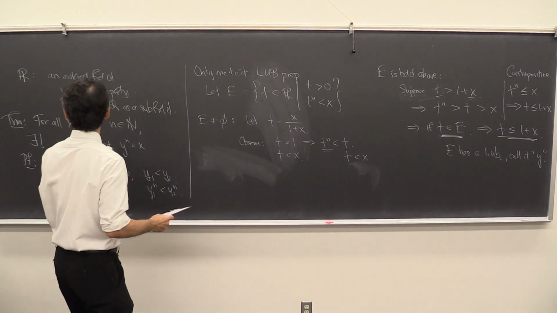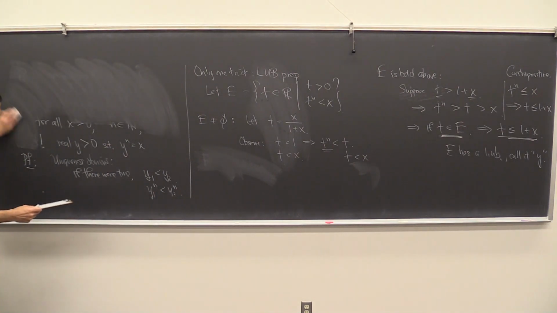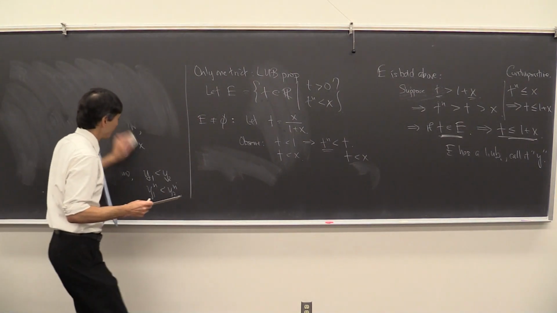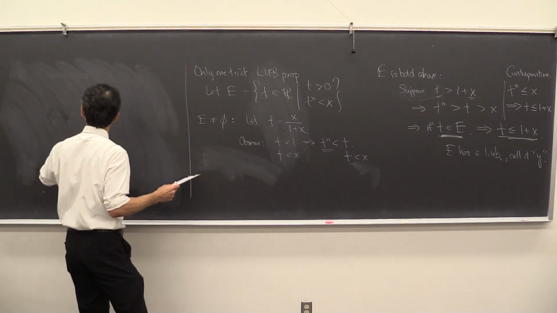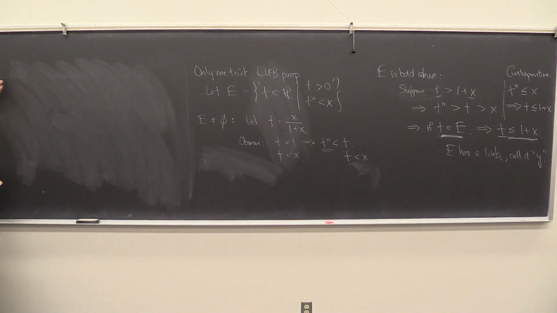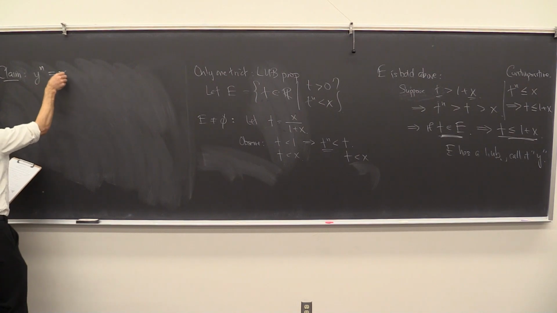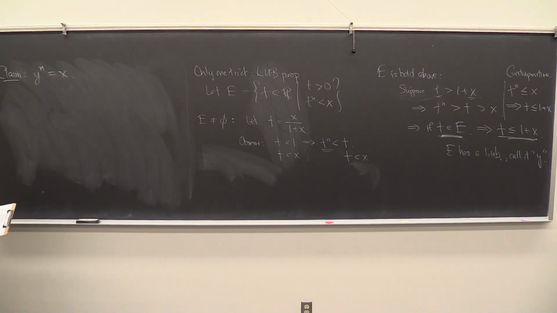Okay, so I'm going to erase here. Now, like we said, we're going to show that y must be the root that we're looking for. Our claim is that y to the n actually equals x, and we're going to prove this by contradiction.